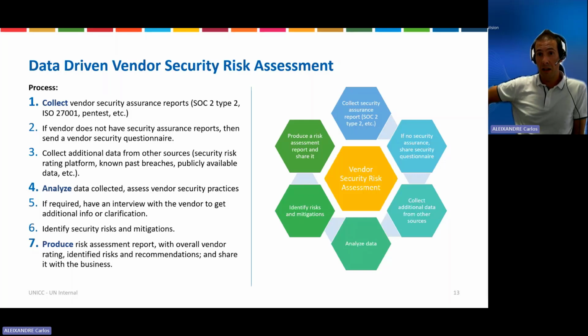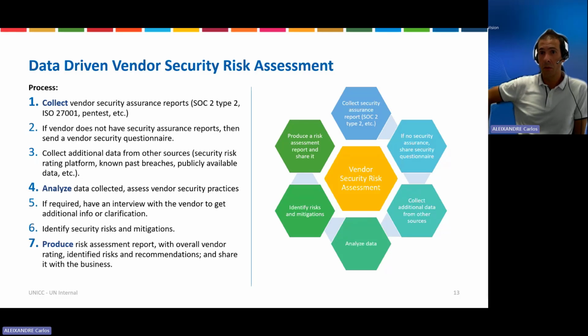So if the vendor doesn't have a security assurance report, then we need to share with them our vendor security questionnaire. And in the coming slides, we will see some of the best practices on selecting the right questions for the vendor security questionnaire. Then we may want to collect, and this is a good practice, data from other sources, right?